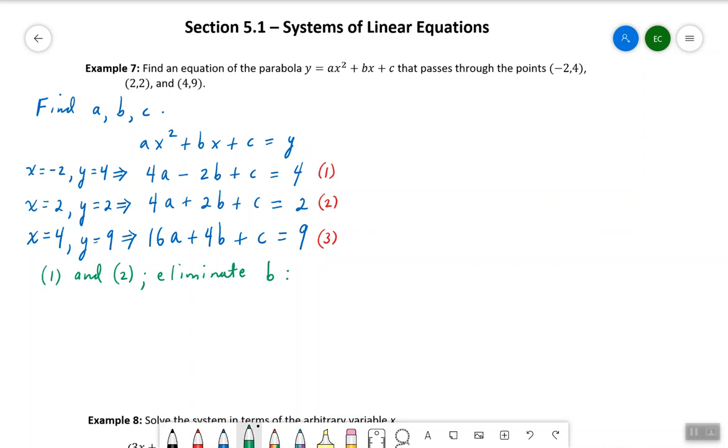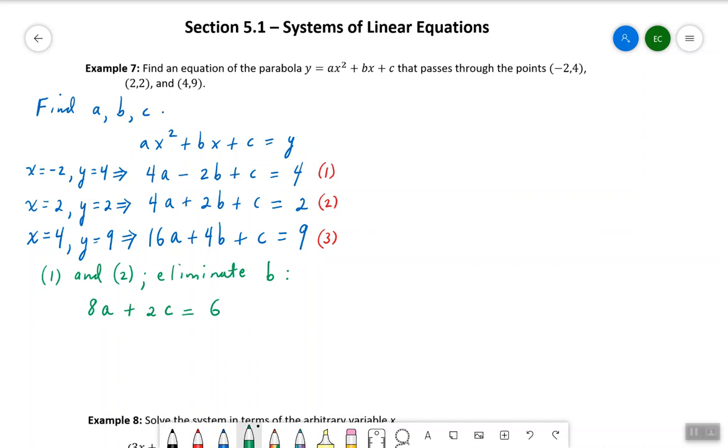And so all I have to do is just add the two equations together, and you can see that the coefficients on b are opposites, so they'll cancel out right away. What are we left with? We're going to be left with 8a plus 2c is equal to 6. And so that's a good start.